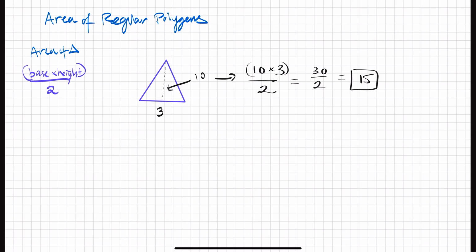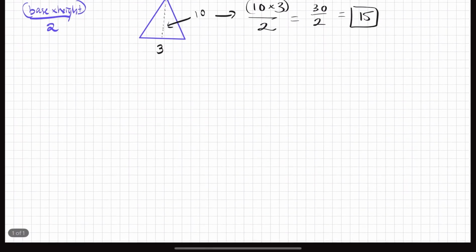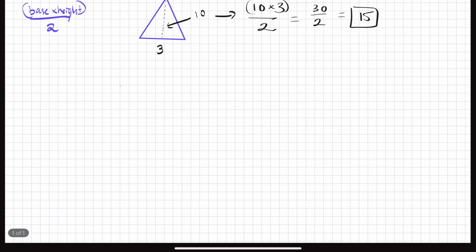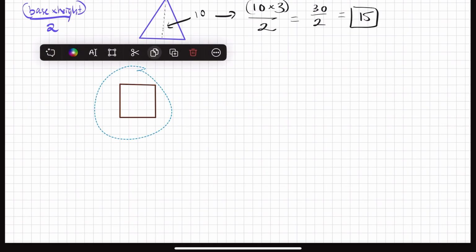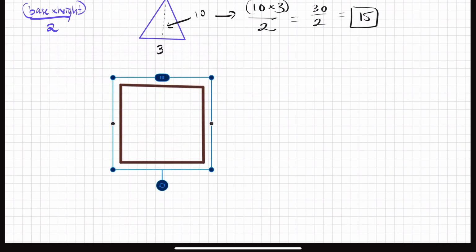So we can use an example such as a square. I'll make that a little larger so we can look at it better. All right, so there's a couple things required for you to find area of a regular polygon. The first thing you need to understand is that there's a center in every polygon, right in the middle.